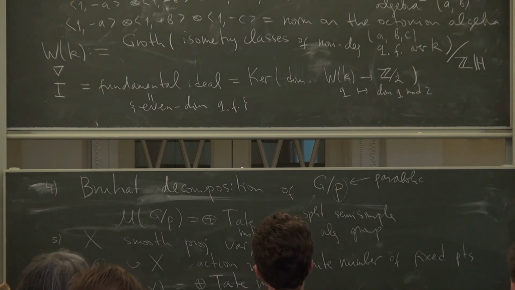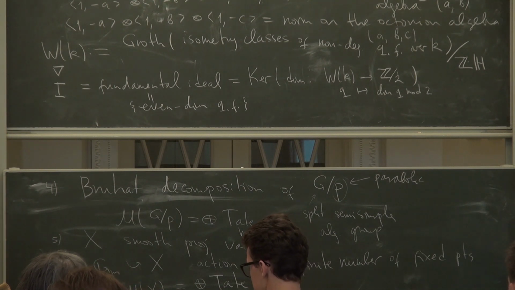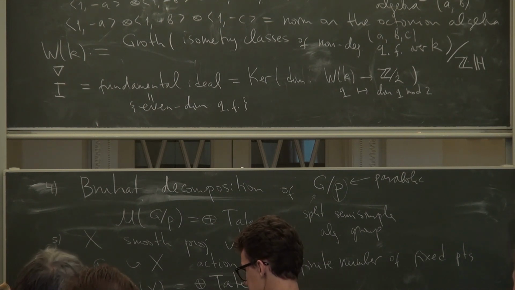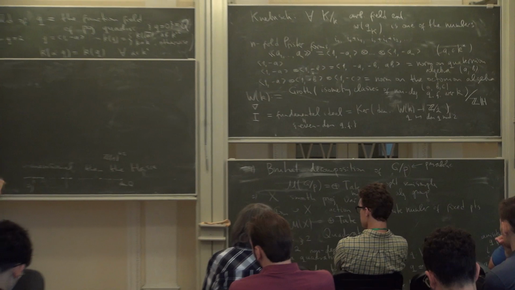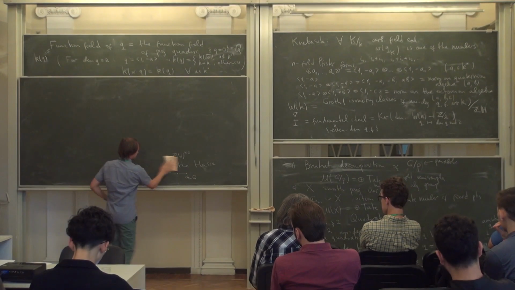The last thing is we need a relation between Pfister forms and the Witt ring, which is also very well known, but again just one line. It's not much work to mention it.